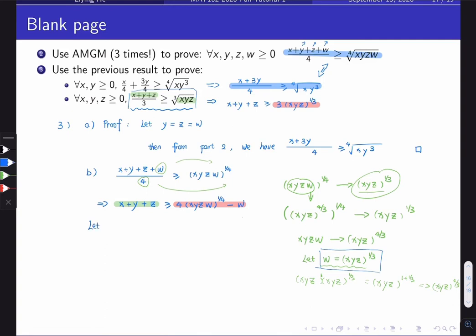Let w equal (xyz) to the power of 1 over 3. Then what do you have?